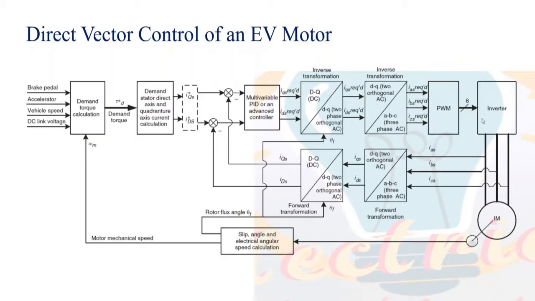So now I am going into the motor. I am taking the three-phase currents IA, IB, IC, which I am already supplying to the motor. Guys, understand that I am taking the current values which are already going into the motor.